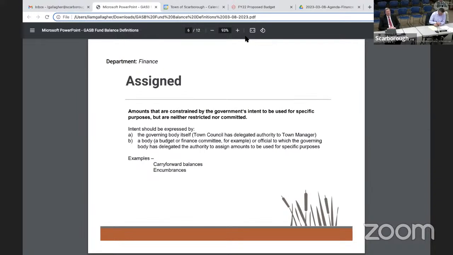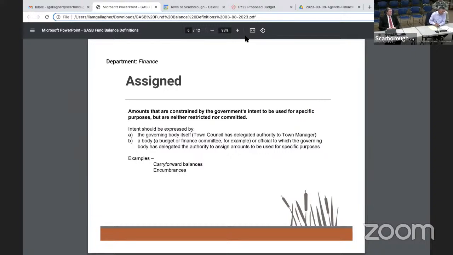Next slide, please. Assigned is, we're working down the level of action required. So assigned is amounts that are constrained by the government's intent to use for specific purposes that are neither restricted nor committed.